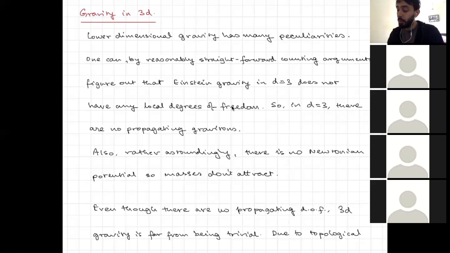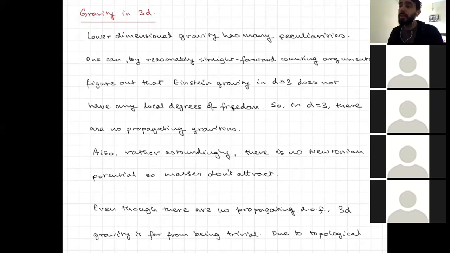And the weird thing is, if you look at d equal to 3, the number of degrees of freedom becomes equal to 0. What does this mean? This means that three-dimensional Einstein gravity has no propagating degrees of freedom. There are no local degrees of freedom, so there are no propagating waves.